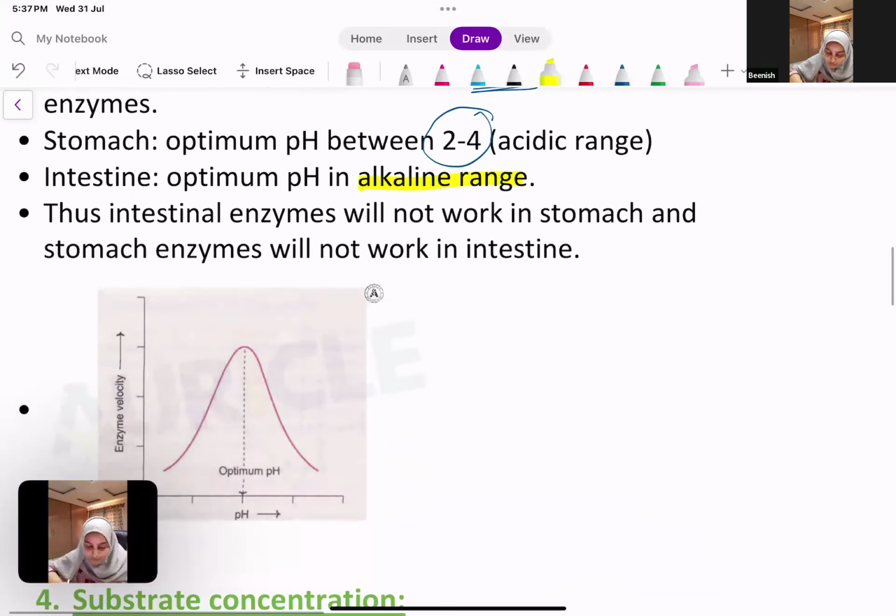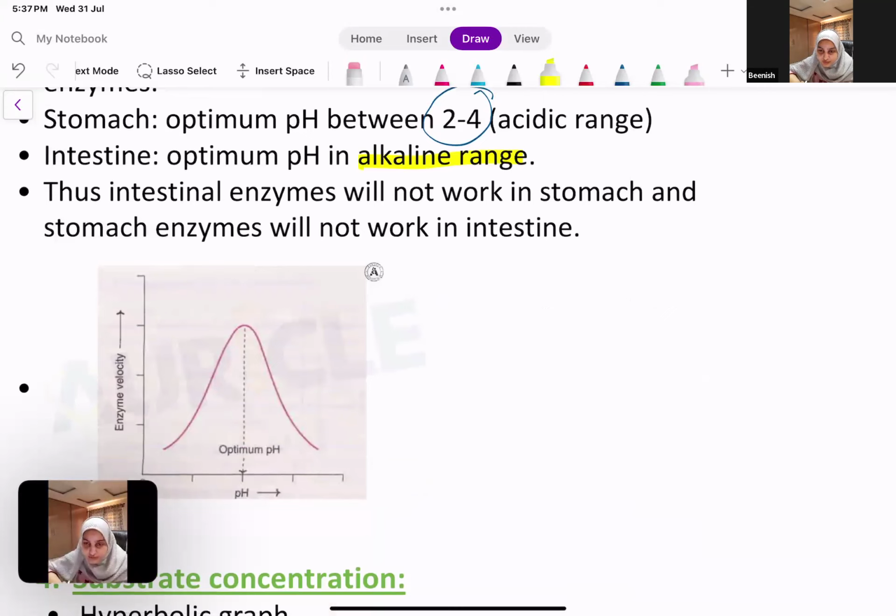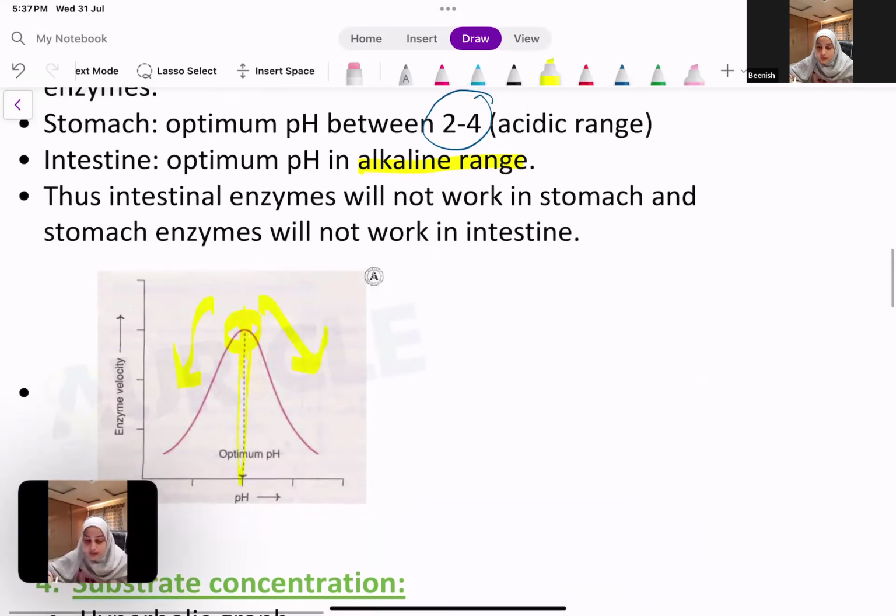Okay. So you can see there is a bell-shaped curve. At the optimum pH, you have maximum velocity, and below or above the optimum pH, the velocity is going to decrease. Okay. Now, why do you think the activity of the enzyme is going to depend on pH?